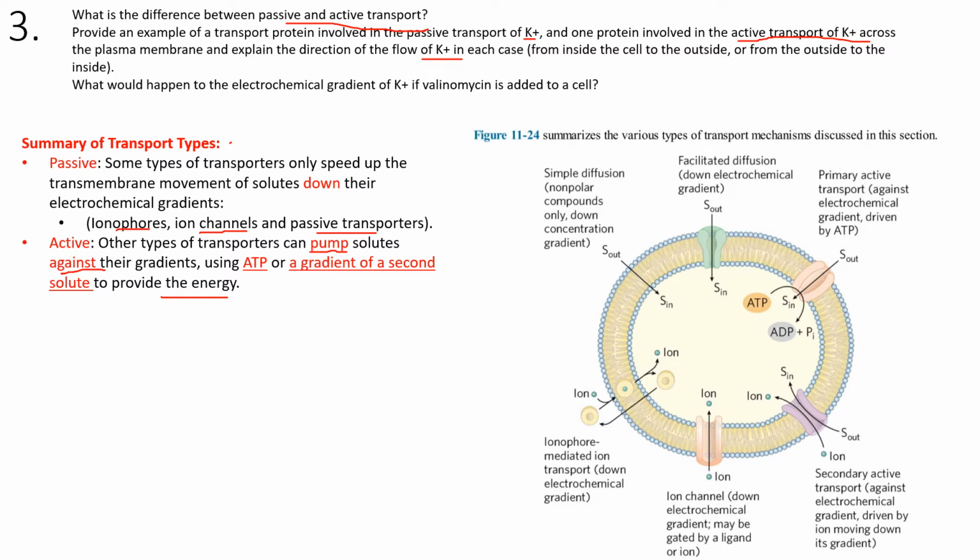You just find a figure and that'll be your example. What would happen to the electrochemical gradient of potassium if valinomycin is added to a cell? Here, figure 11-24 summarizes the various types of transport mechanisms discussed in this section. So learn these.